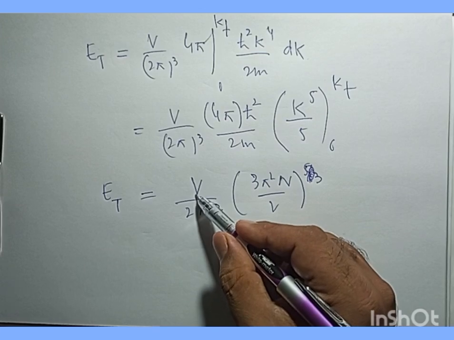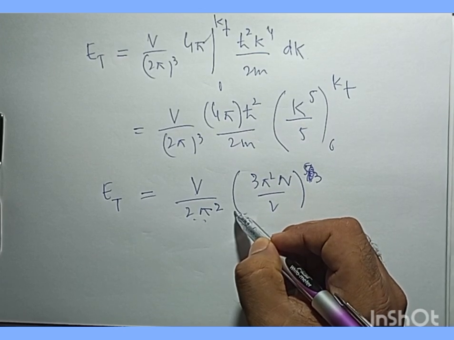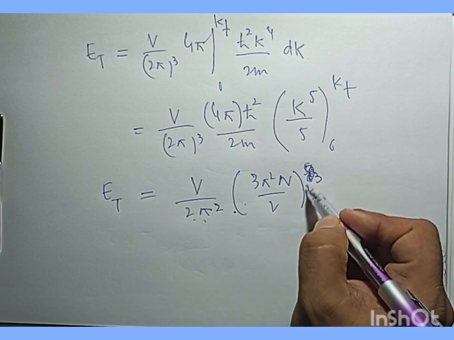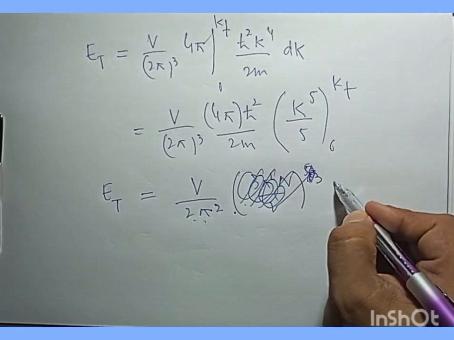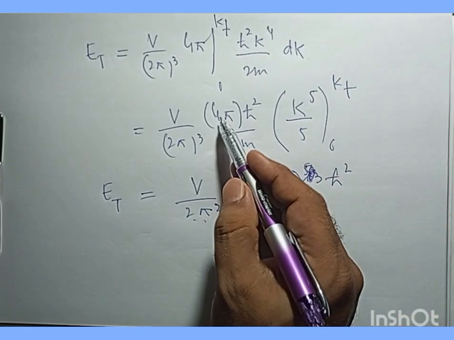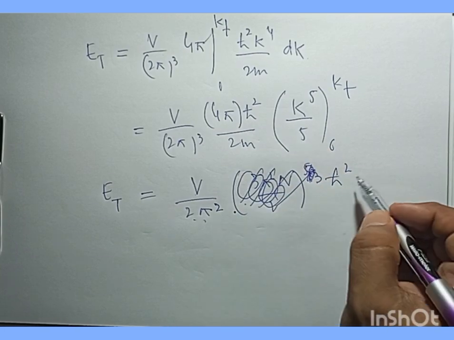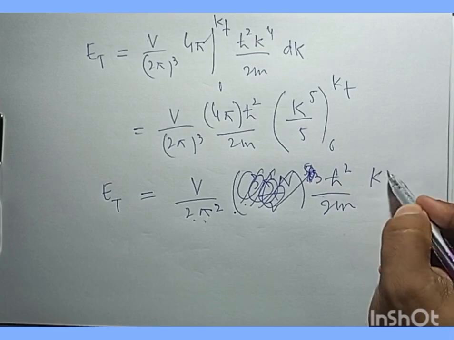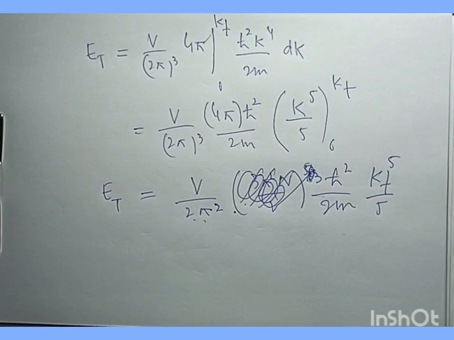So here you will have V by 2 pi square, and then you will have some cancellations, and these cancellations will lead to h bar square, because 4 and 2 and these terms will cancel down, and you will have 2m here, and finally here you will have kF raised power 5 divided by 5. So this will be our E total.